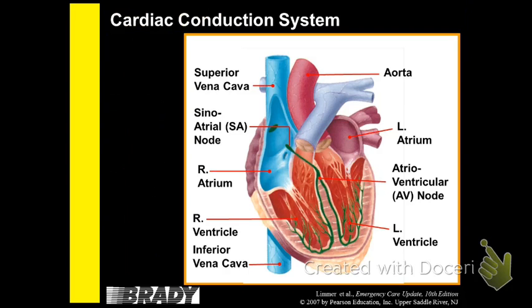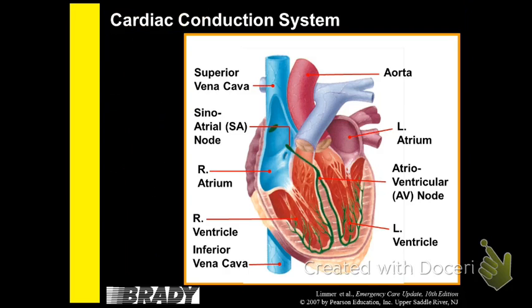What happens in the SA node, since it's the primary pacemaker, is it will build a charge and discharge, 60 to 100 times per minute. Now the terms you will hear with this are that it depolarizes, it fires.